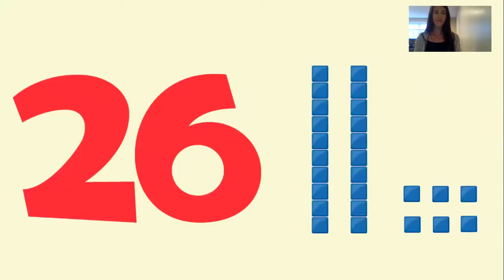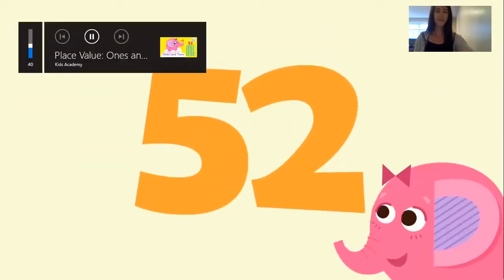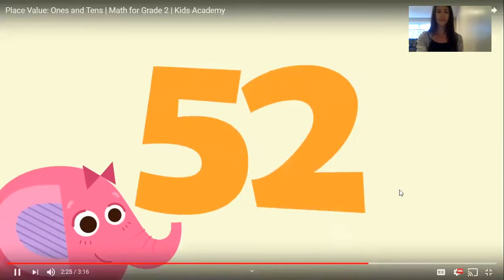You can count by tens using the base 10 blocks or just count in your head. 10, 20. I'll leave you with a challenge. Can you tell the value of the digits in the number 52? What is the value of the 5? What is the value of the 2? I'll give you some time to think, but if you need more time, you can pause the video and answer when you're ready.